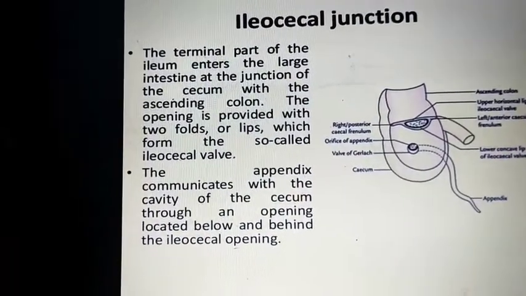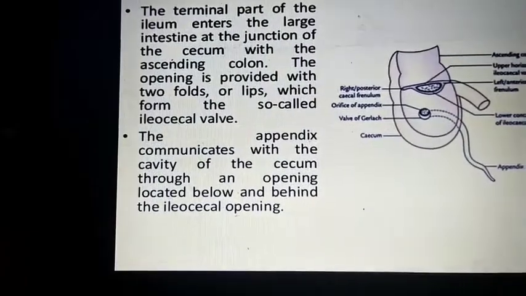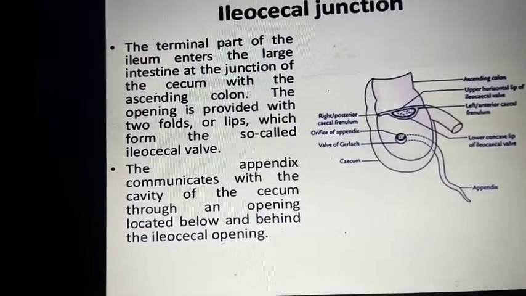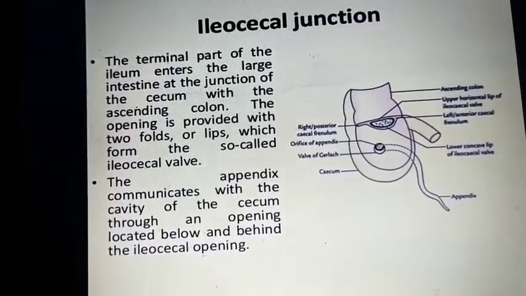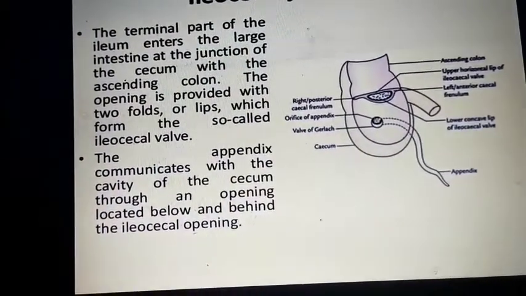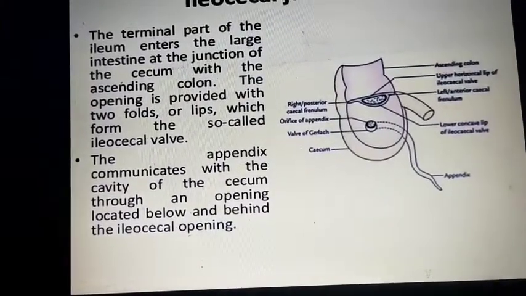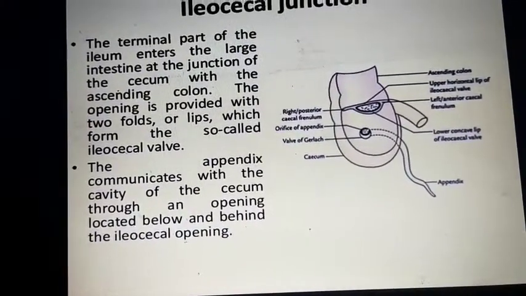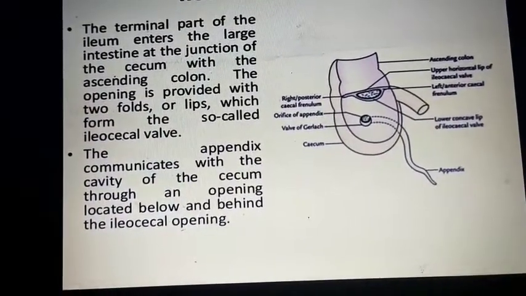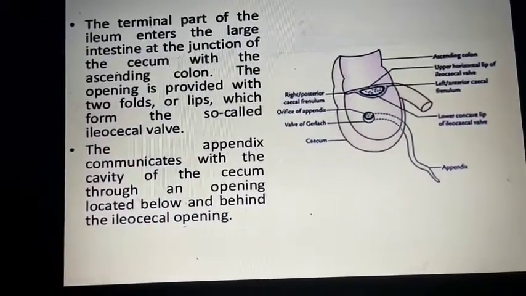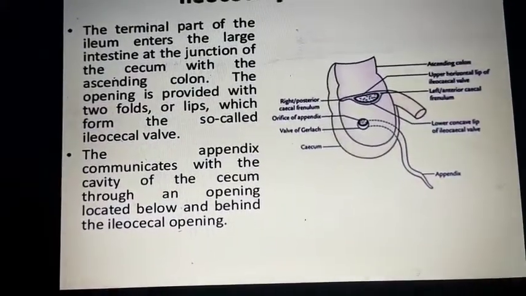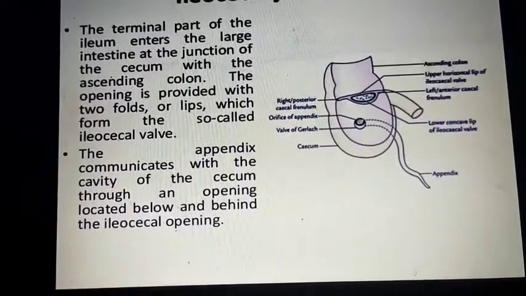Frenulum is nothing but a small fold of tissue, which may be mucosa or skin, that secures the motion of an organ in the body, or a small ridge or fold of skin that helps to anchor semi-mobile body parts.